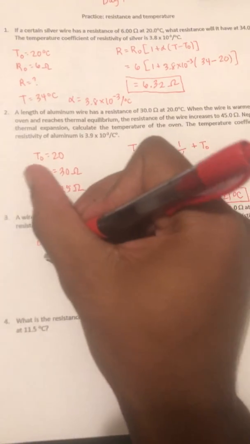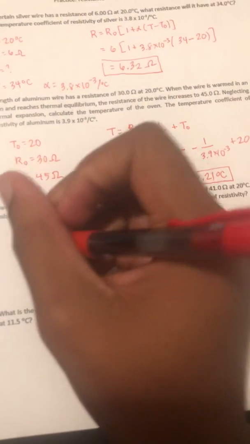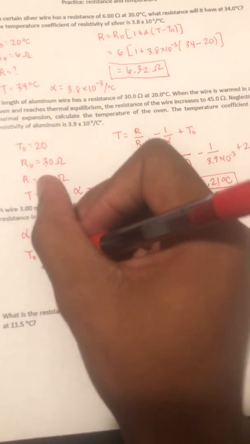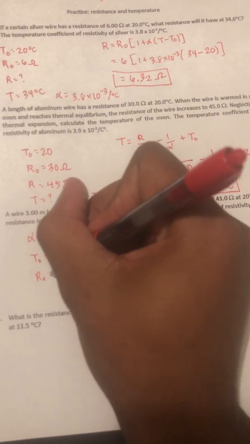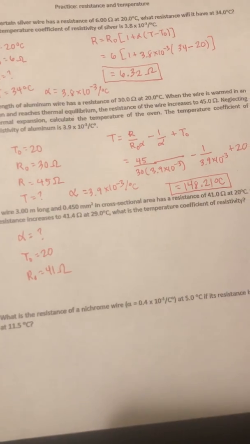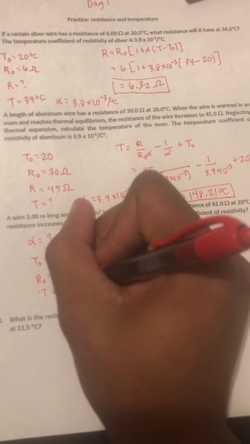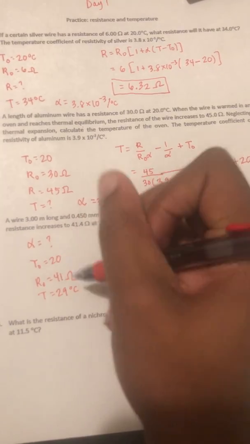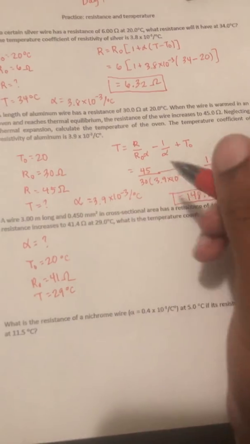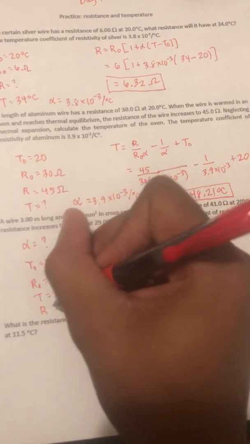It tells me at my T naught at 20 degrees, my resistance is 41 ohms. It also says that at 29 degrees, the resistance is 41.4 ohms.